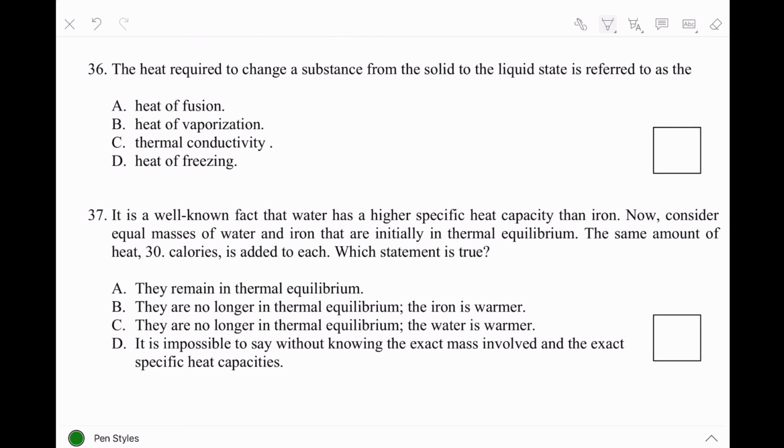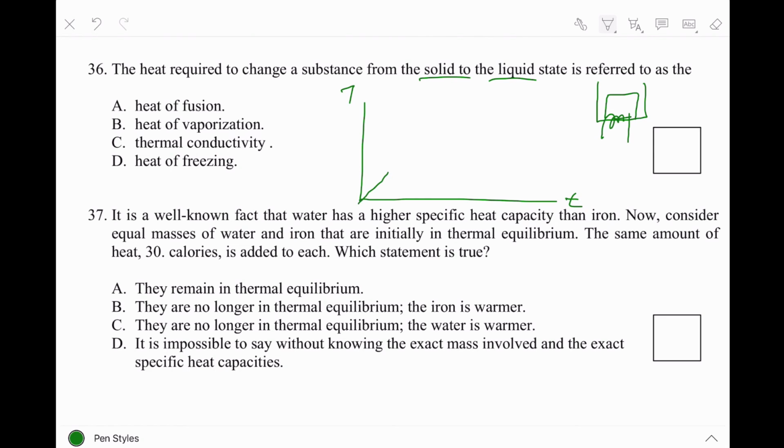Number 36, the heat required to change a substance from the solid to the liquid is referred to, remember that the graph we're looking at, this is the time. We boil, we put the ice, so this is the temperature.